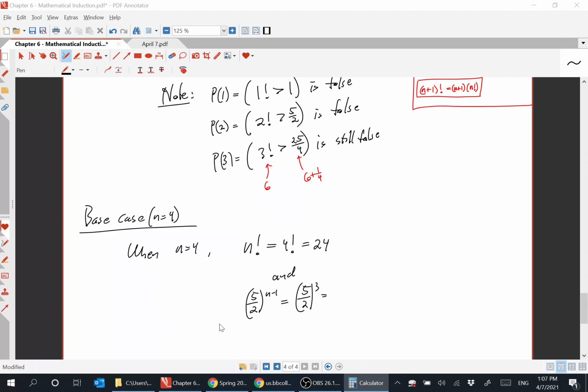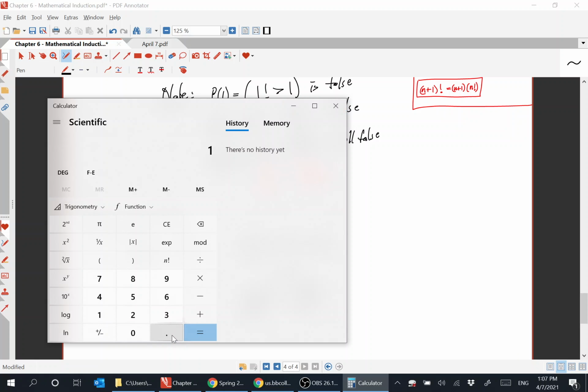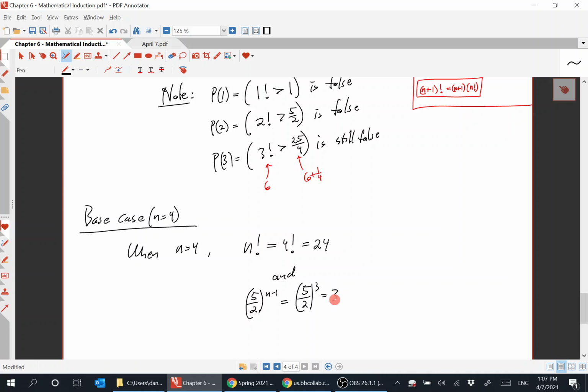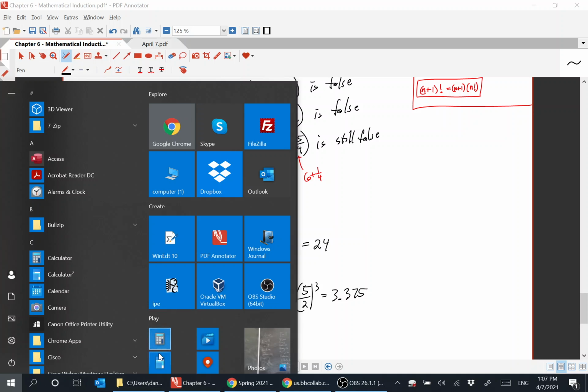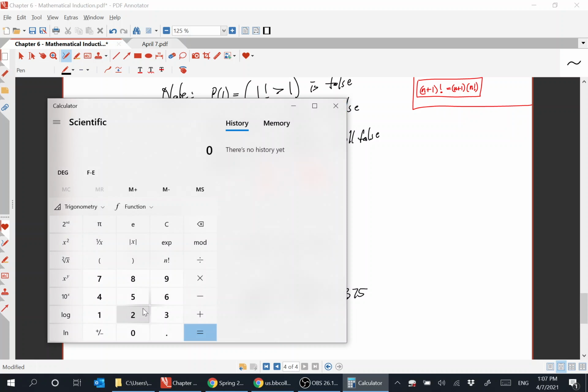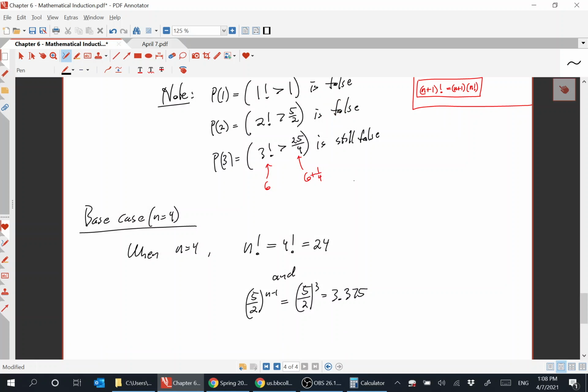There it is. 2.5 to the third is 15.625, right?